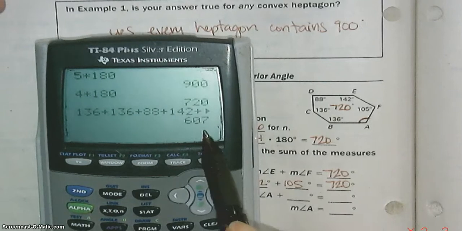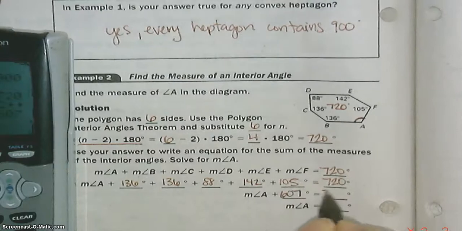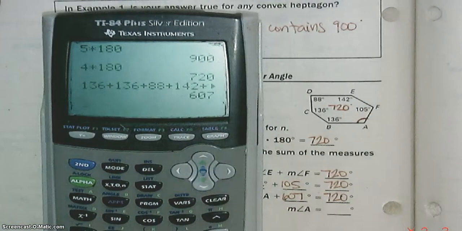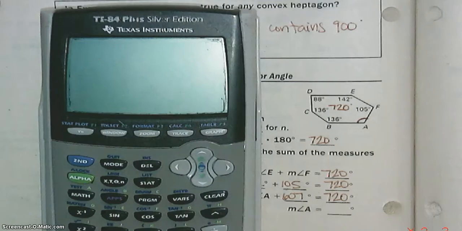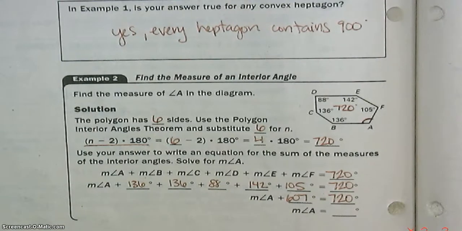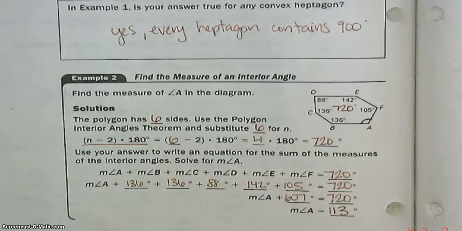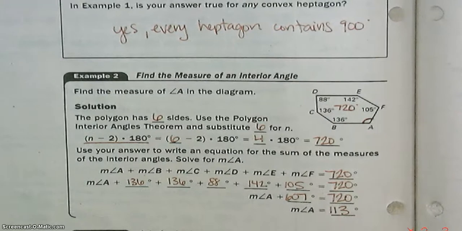We already have 607 degrees. So how much more do we need to get to 720? Well, 720 minus 607. We need 113 more degrees because we had to get to 720 total.